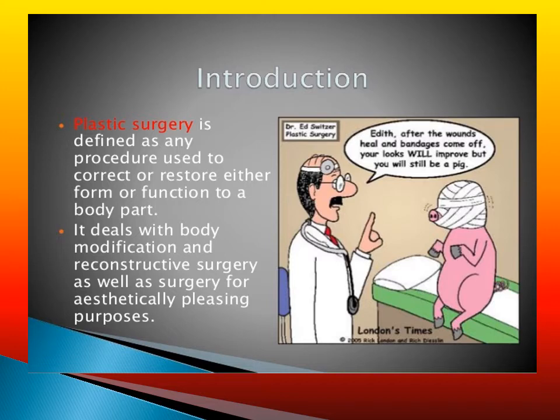It deals with body modification and reconstructive surgery as well as surgery for aesthetically pleasing purposes. So what is the purpose for which we do plastic surgery? Any defective or affected part, we do it to reconstruct, and even for a part which has a normal function, to modify the shape or appearance, we also do plastic surgeries.